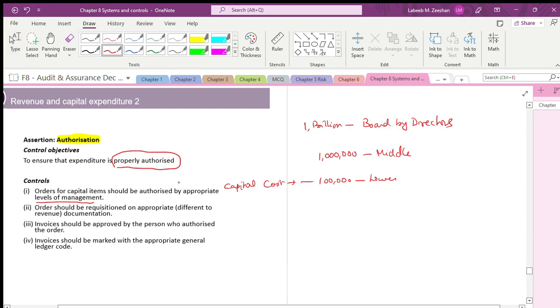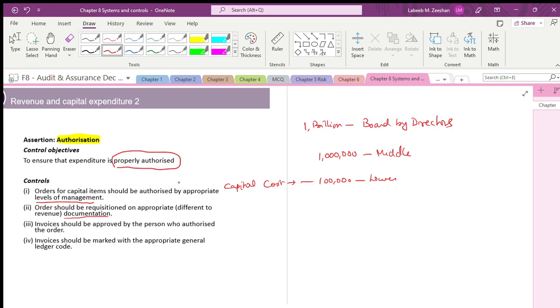Orders should be based on requisitions, and the documentation should be different from revenue documentation. If it is of a capital nature, you have to treat it differently. The request should be different.